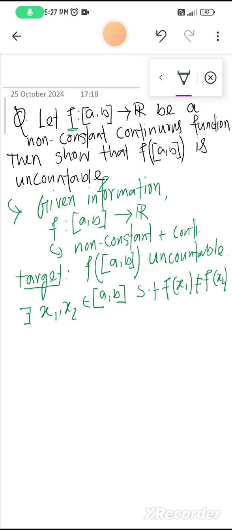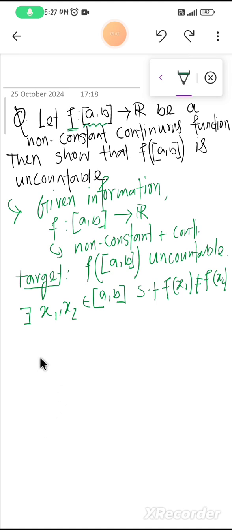And the function is continuous all over the domain. The function is continuous on closed interval ab, and we take 2 points x1 and x2 from ab, then we can say that the function is also continuous on x1, x2.